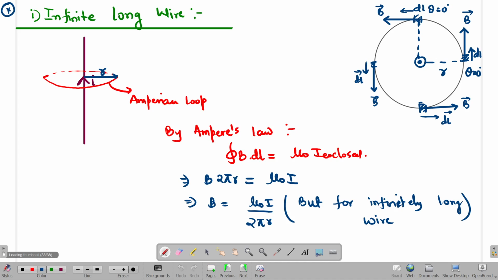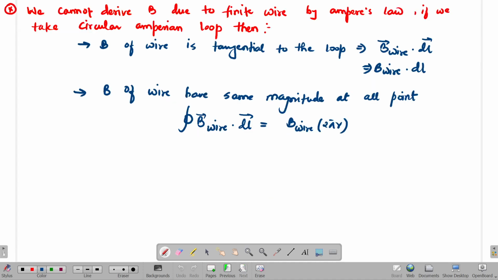This is what we did earlier, isn't it? The magnetic field was the same, and the magnetic field is tangential to the loop. Are you able to get me or not?